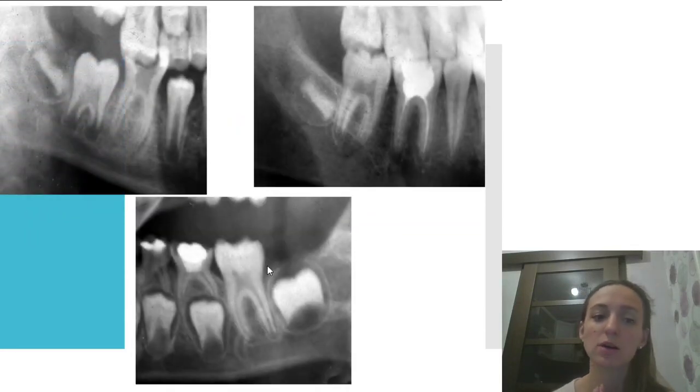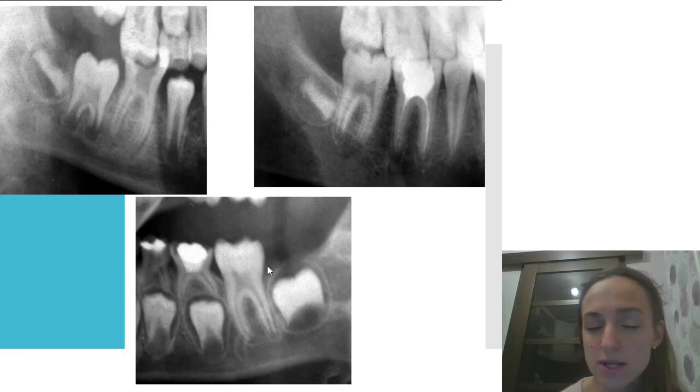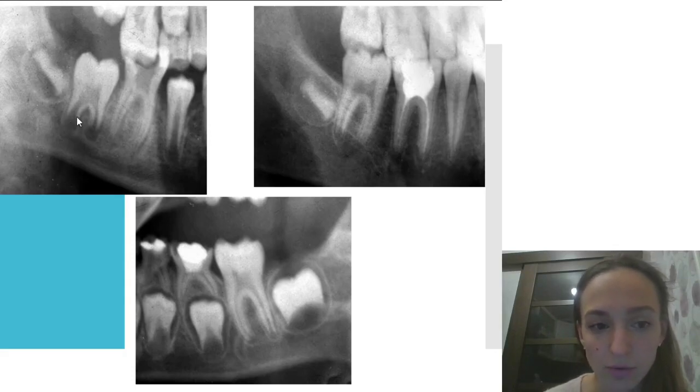And some clinical pictures and X-rays for understanding of the growth area and for pulpitis. For example, guys, you can see here non-formed roots. And here you can see a wide apical foramen. It is a not formed apical foramen.